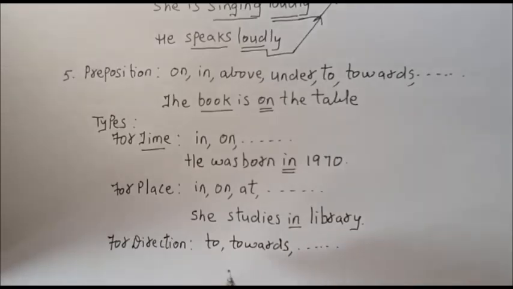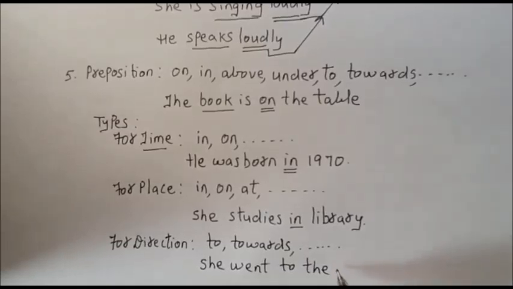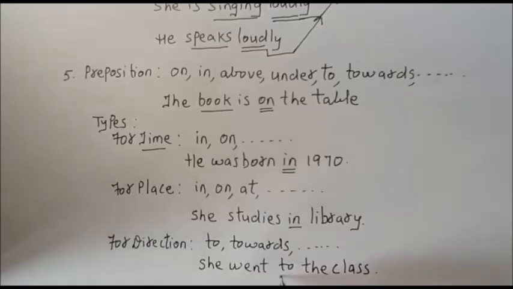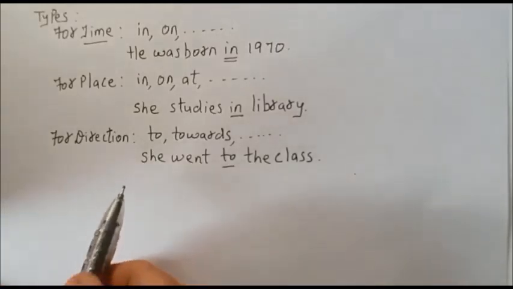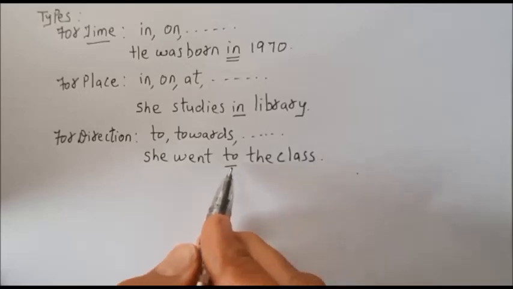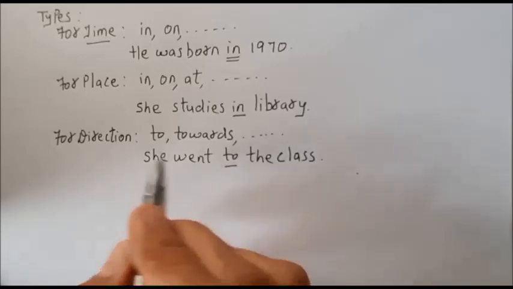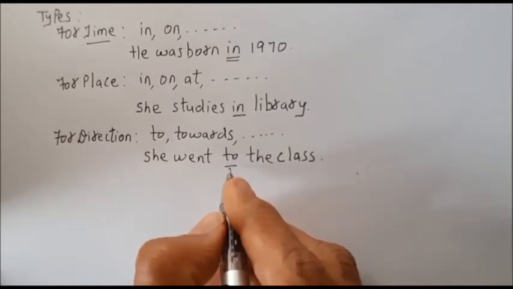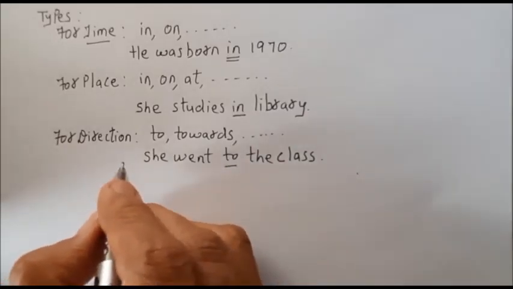For example, she went to the class. Now here this preposition is to, which shows direction. As I told you just now, she went to the class, so you can use to as a preposition to show the direction.